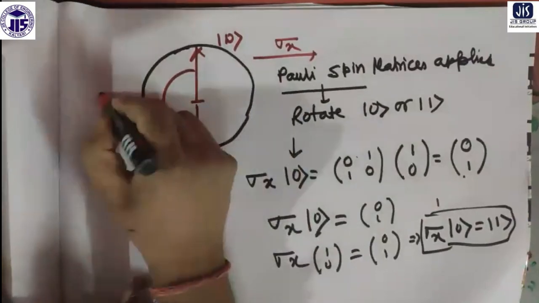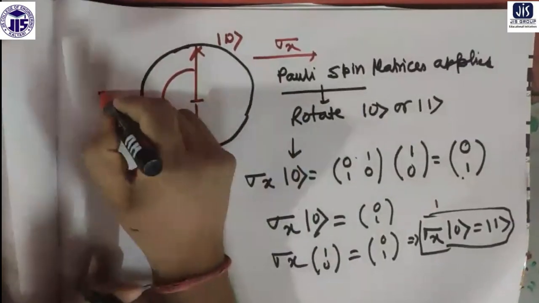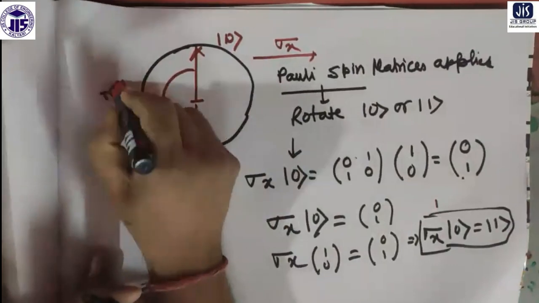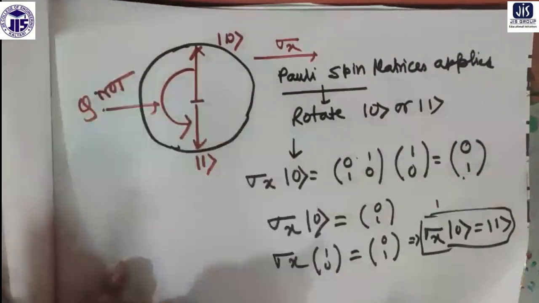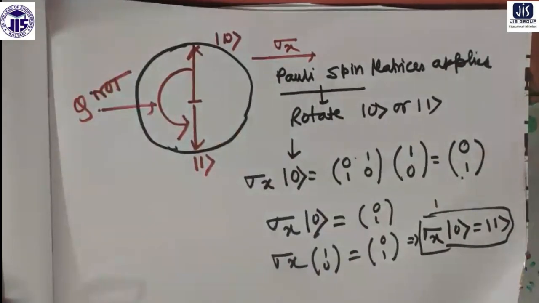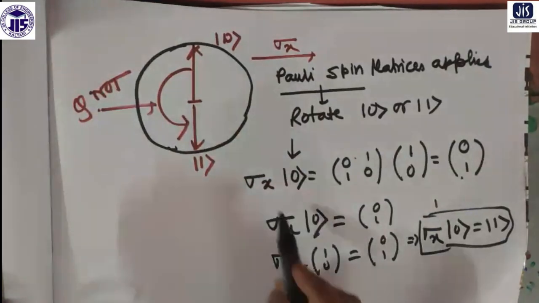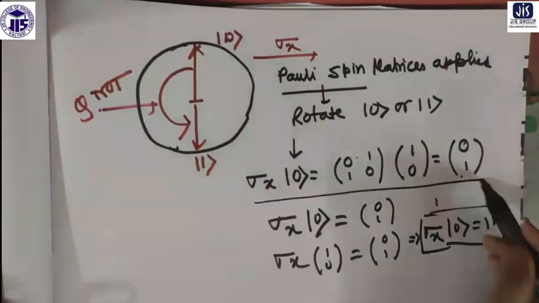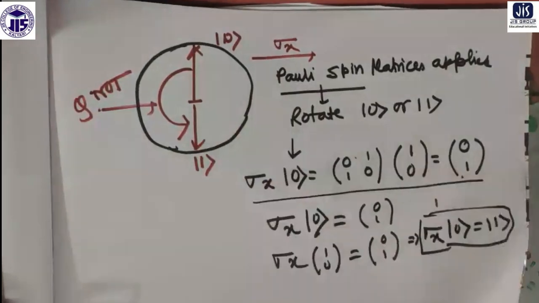This is the NOT operation, the quantum NOT operation. So how are you doing it? Just a simple thing: sigma x operating on 0 produces the opposite.